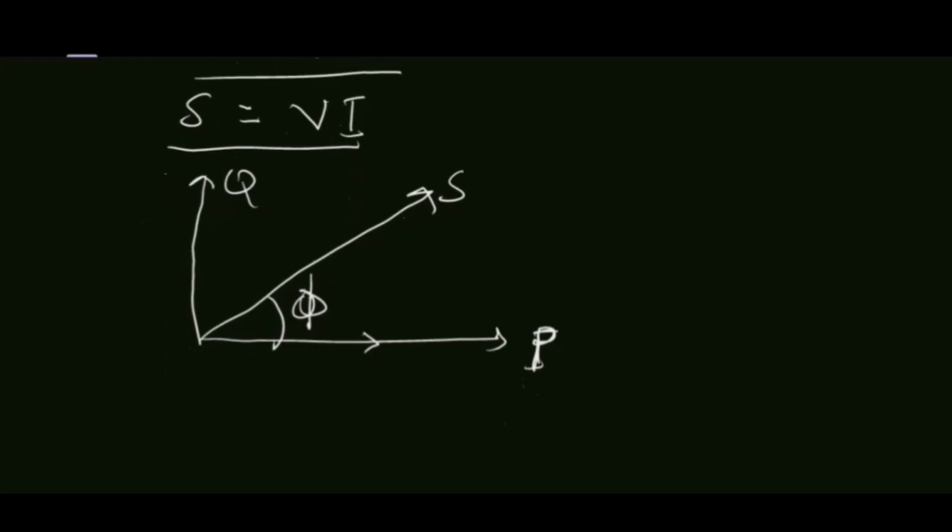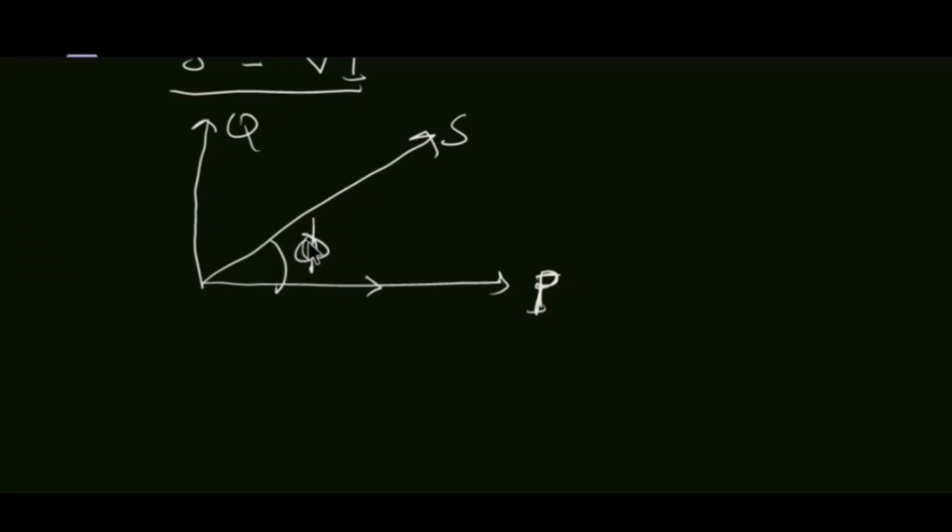Now let's see this theta here. When we take cosine of it, then we get what we call the power factor. So power factor is how this true power is deviating from the total power.